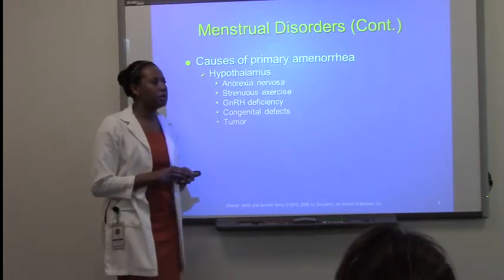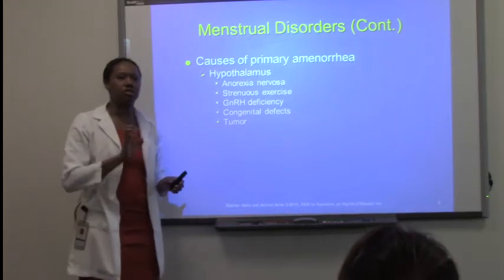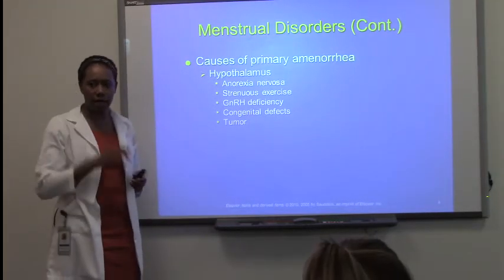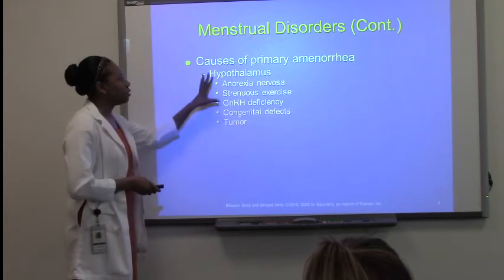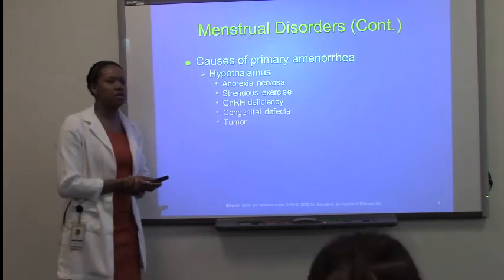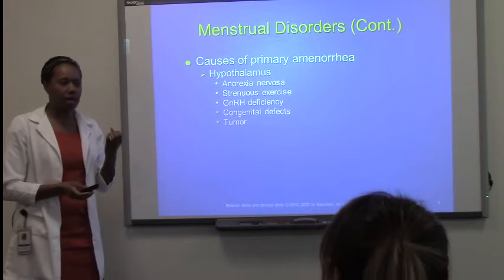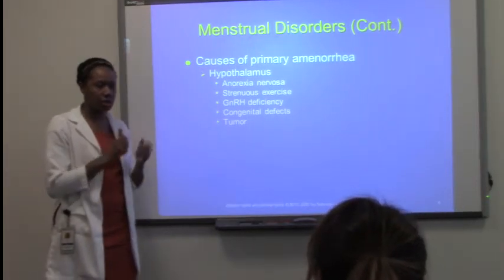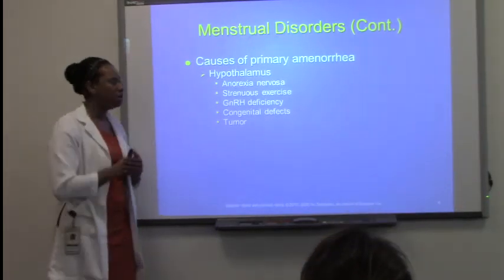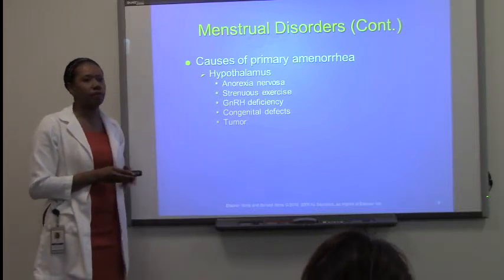Okay, so we all know, yes, ovaries and all that, but it's not just from the ovary, it starts in the brain. So with the hypothalamus, sometimes there are certain things that can suppress the actual hypothalamus secretion of these hormones at the beginning, which they have here, anorexia nervosa.